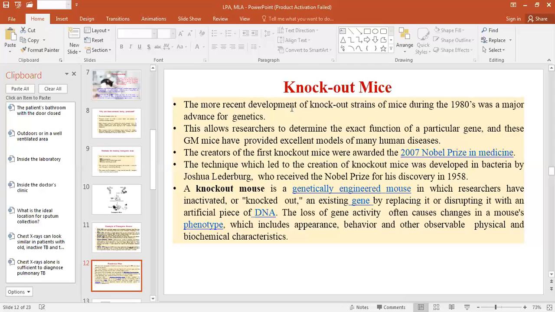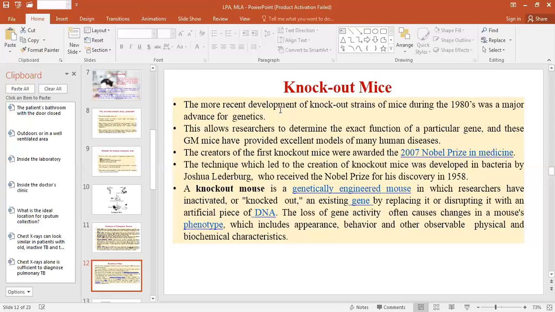The creators of the first knockout mice were awarded the 2007 Nobel Prize in medicine. A knockout mouse is a genetically engineered mouse.